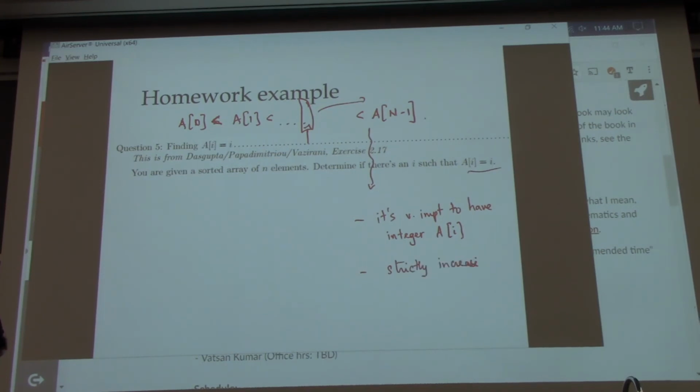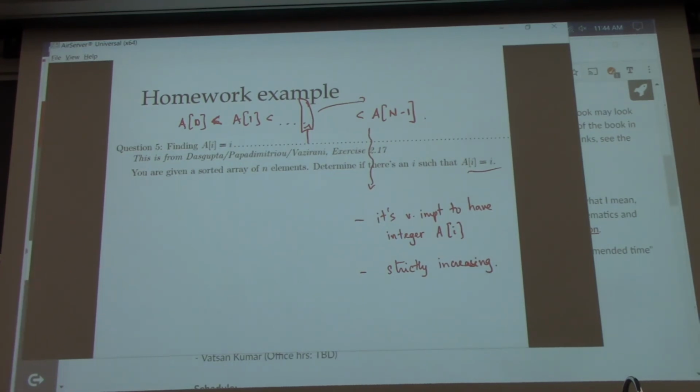In the earlier problem, it was okay even if you didn't have strictly increasing, it was okay to have equality, but here you really need them to be strictly increasing. You can try to come up with examples where binary search will not work otherwise. So this is one way to solve this problem, and you can argue that this kind of works.